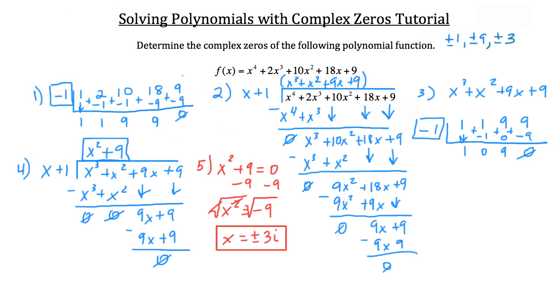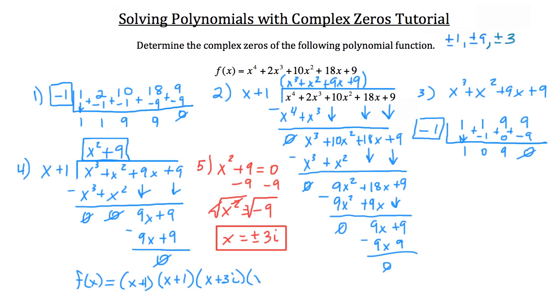But just for your information, let's take a look at all the zeros that we found. If we took our expression, f of x, and made it just the roots, we'd have x plus 1, and that was the first root that we found using synthetic division, and then x plus 1, because that was the second root that we found using synthetic division, times x plus 3i times x minus 3i.